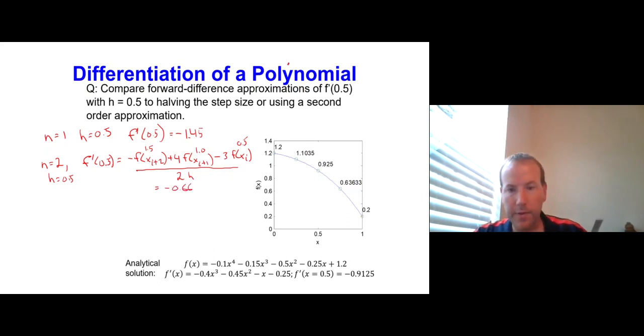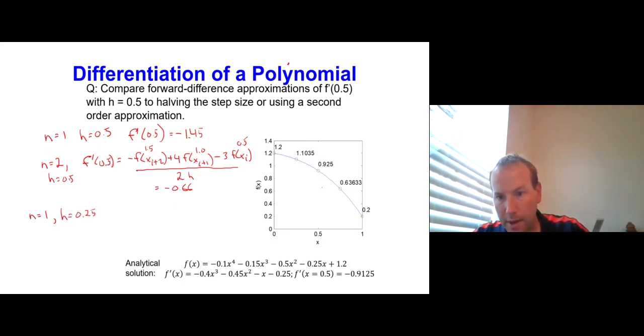Okay, and then finally we've got a difference formula, or centered formula, which is on an n equals 1. Oh, I'm sorry, we're not doing centered here. We're looking at what happens if you take a smaller step size, the step sizes described above. So we're saying a first order method, but using a smaller step size.